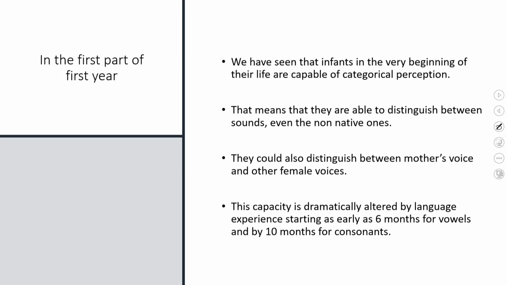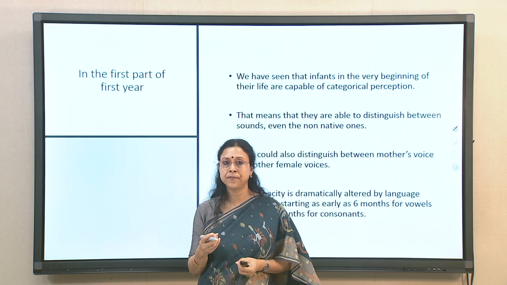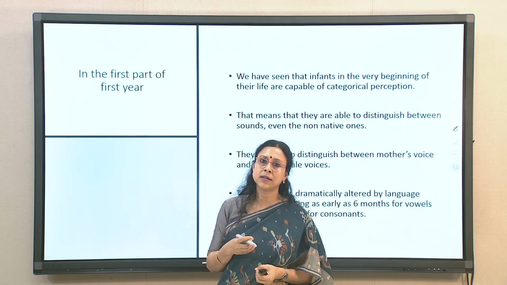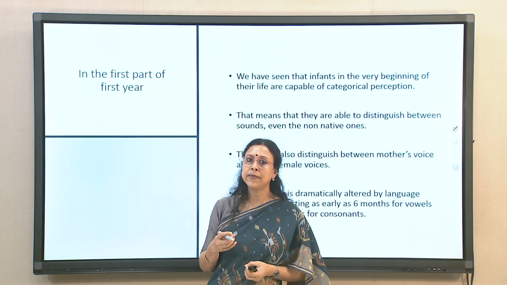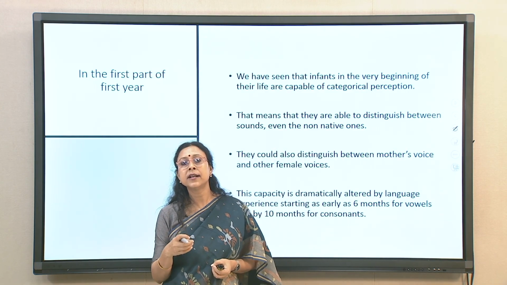So, in the very beginning of their life, infants are capable of categorical perception across languages. If you recall, in the phonological section we saw that infants are capable of distinguishing between sounds that are non-native as well.